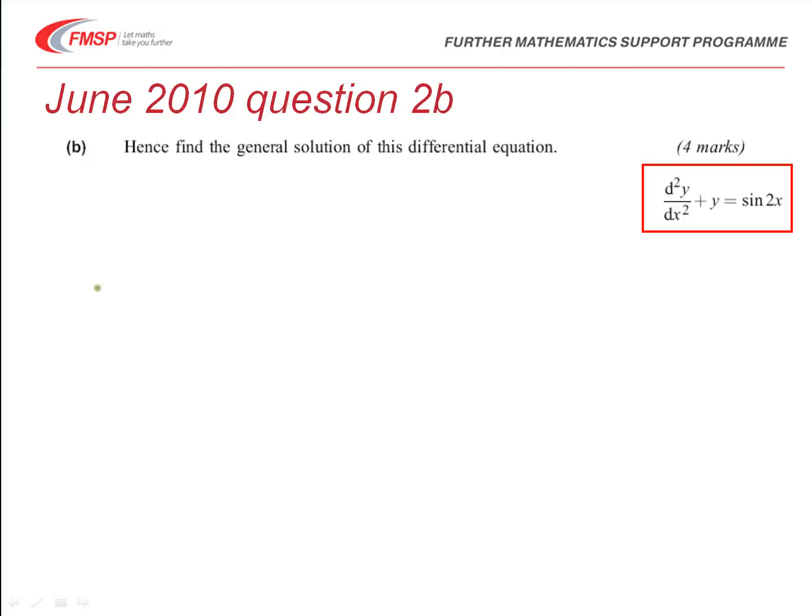Moving on then to finding the general solution, we've got to find the complementary function. To find the complementary function, if you remember, we solve this equation d2y by dx squared plus y equals 0 by using the auxiliary equation. So firstly we will write down the auxiliary equation.